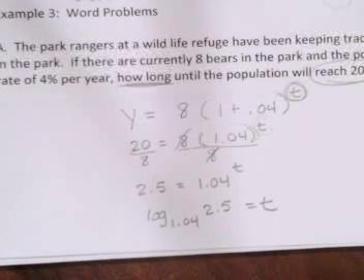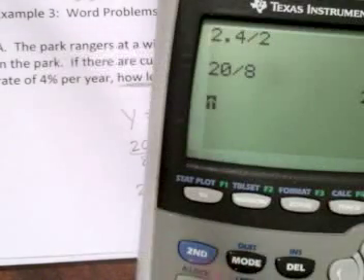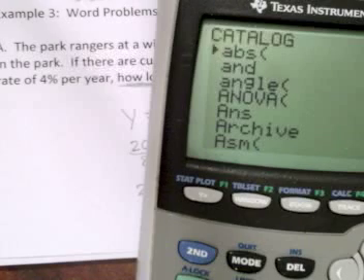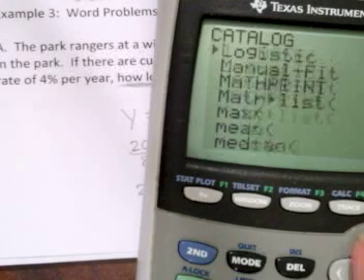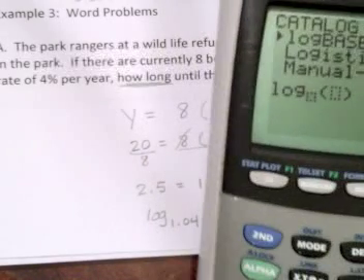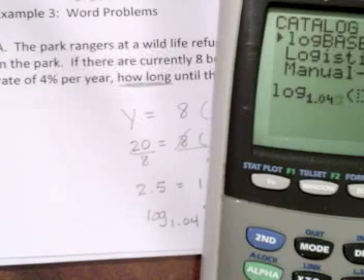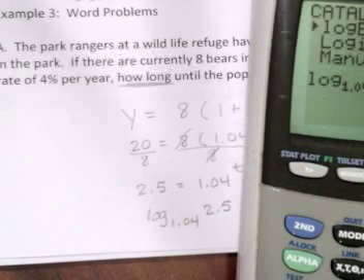And now my calculator will evaluate that. I go to the catalog, and I go to log base, and then I tell my calculator that my base is 1.04, and I'm taking the log of 2.5, so that goes here.